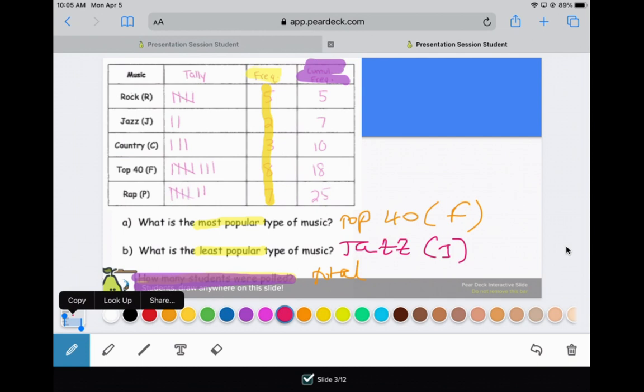And the last question was asking how many students. So the last question was asking the total. So now when you're asked about the total, any question about total, you will look at the cumulative frequency. So the total will be the very last number that I shared with you earlier, which is 25. So 25 students were being surveyed.